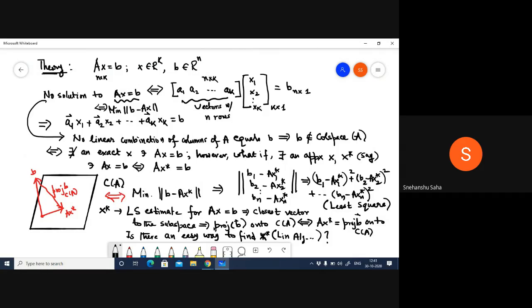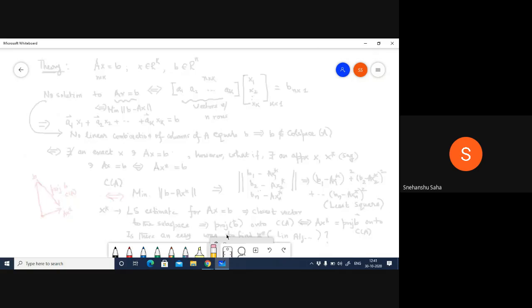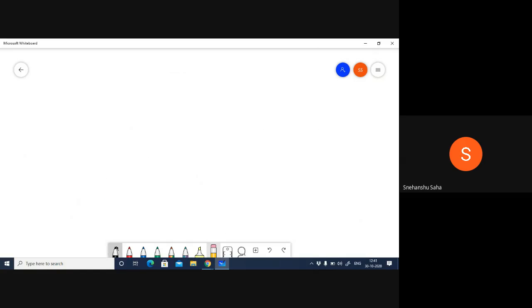So I'm going to redraw this picture again, which I don't mind doing. This is my projection, AX star. B does not belong to the column space of A. So what you need to do is project B onto the column space of A, and this is nothing but projecting B in the direction of AX star.